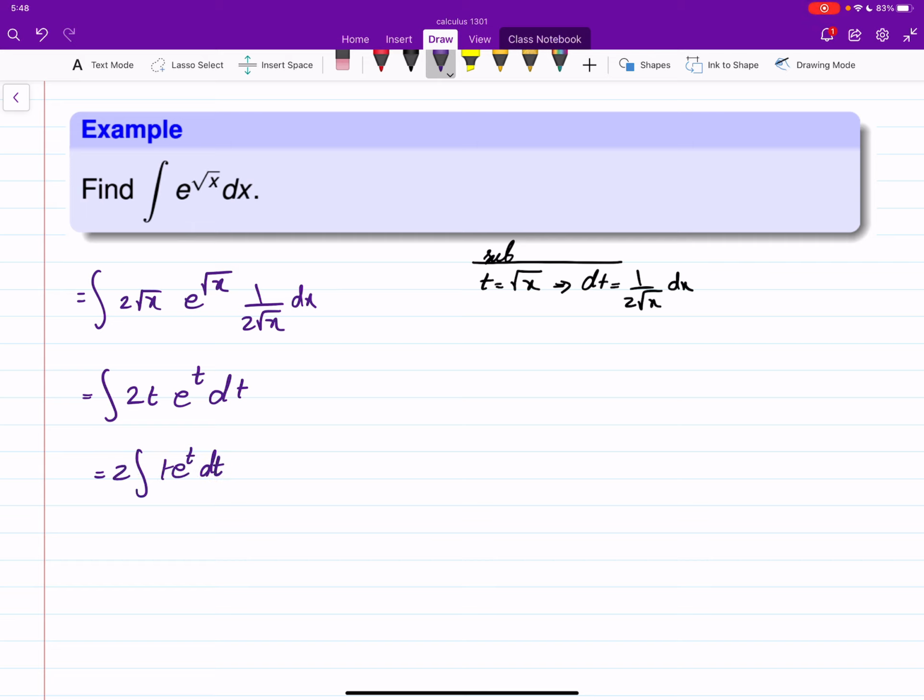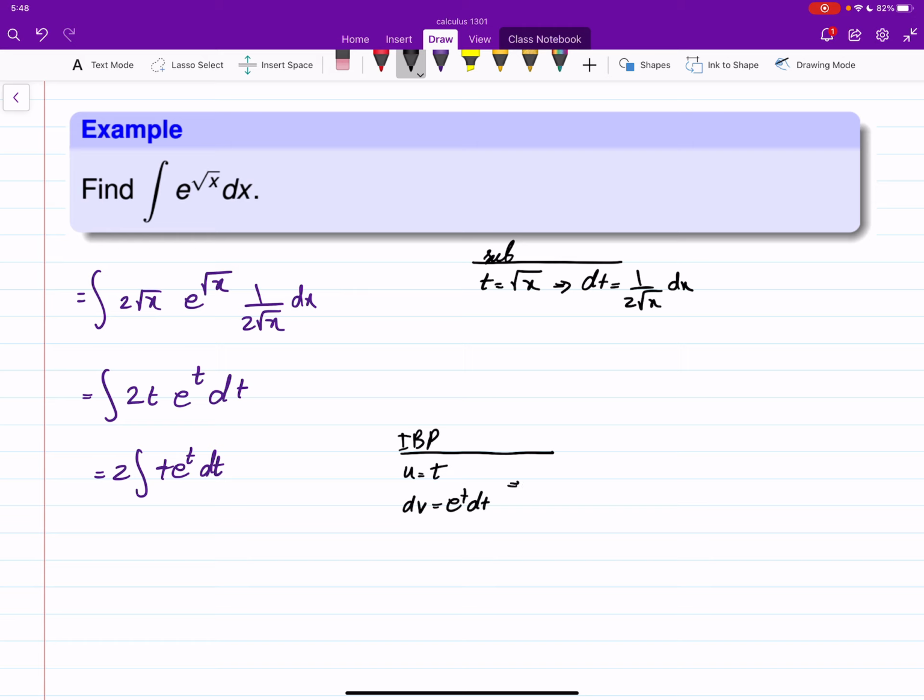This is a polynomial t times e to the power t. So integration by parts will work here, setting u to be t, dv to be e to the power t dt.